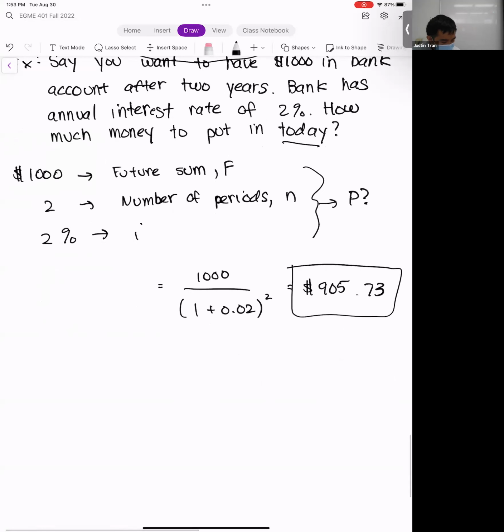Okay. And so far we've covered, I'd say, two of the main forms of cash flows. We have our present sum, which is money that we have right now, and we have future sums, which is a single lump sum of money that you would have in the future. Okay. The next type of cash flow that we're going to be learning is a bit different in terms of form, but it's very useful for a lot of reasons, and that's called the uniform series.